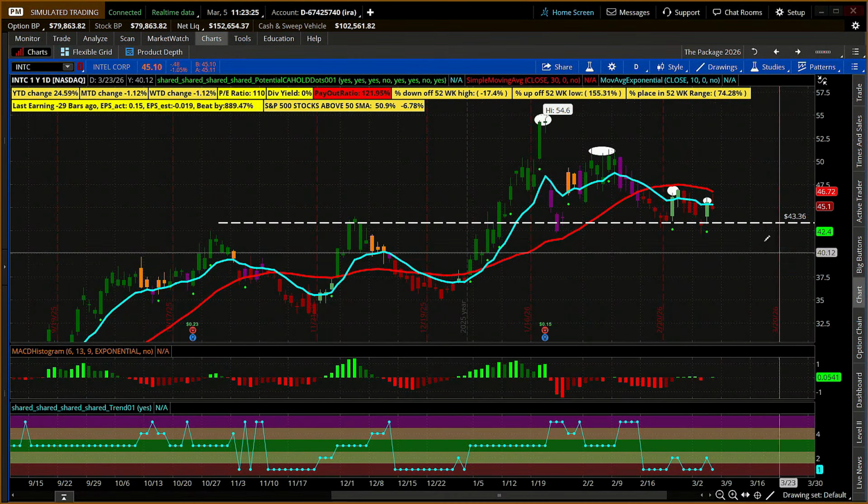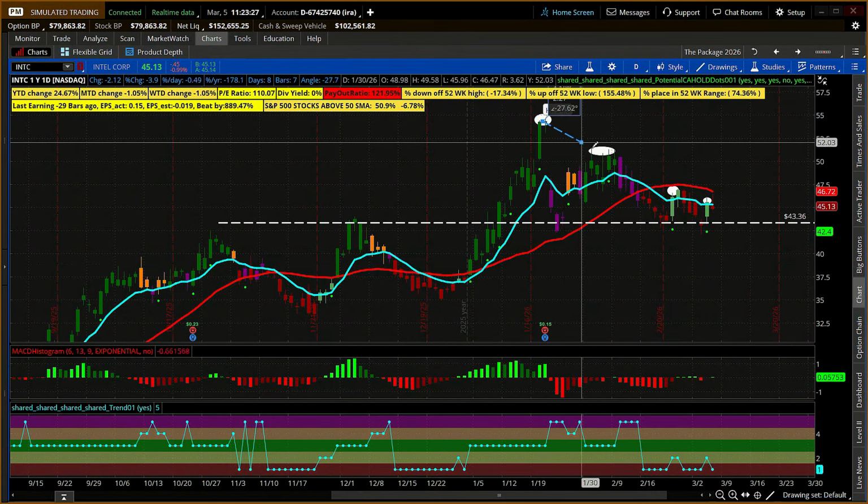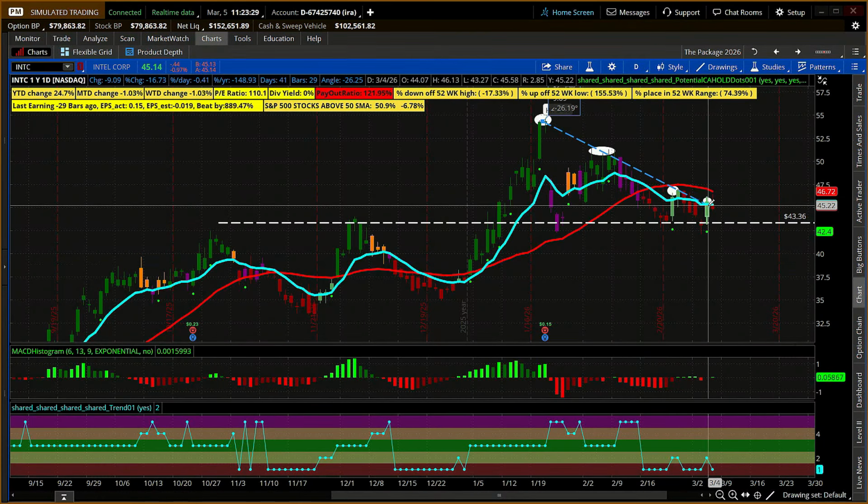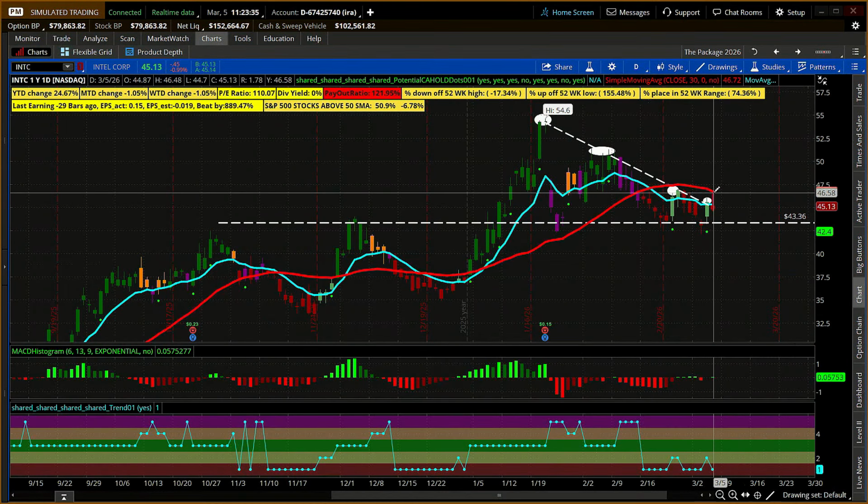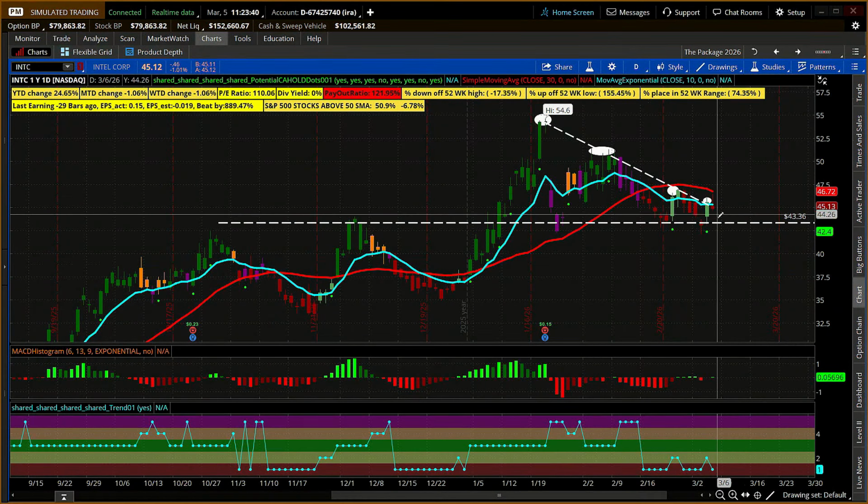Why do we care? Because if we go from there to there to there to there, we get a resistance line. Some investors might say, look, I want to get in if we get above that line. Noted. But sometimes people like to get in close to support. We're not saying this is our favorite strategy. But let's say the investor says, look, I like to buy shares of stock, but I'm a little concerned.